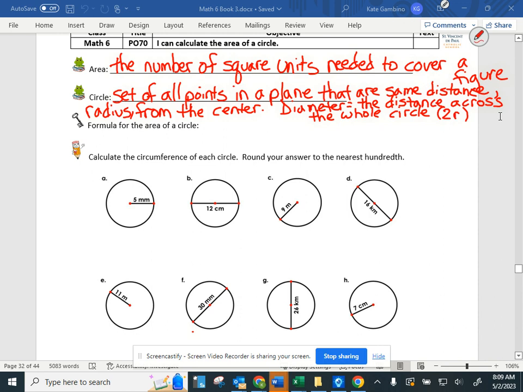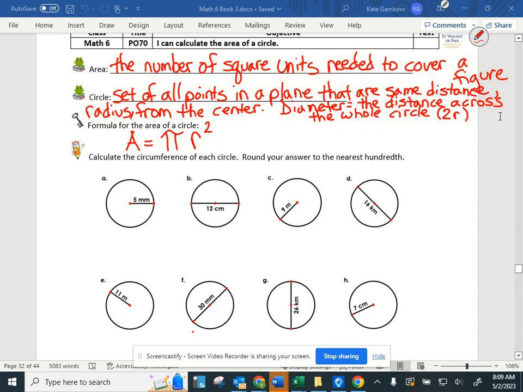So we know how to find that circumference. We do that radius times 2, or the diameter, times pi. For our area, this is important. When I write formulas on the board, make sure you write them on your paper. Our area of a circle is pi times r squared.